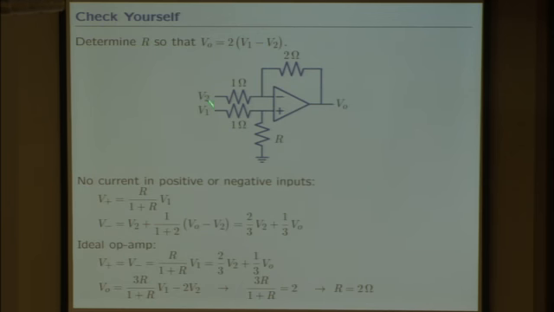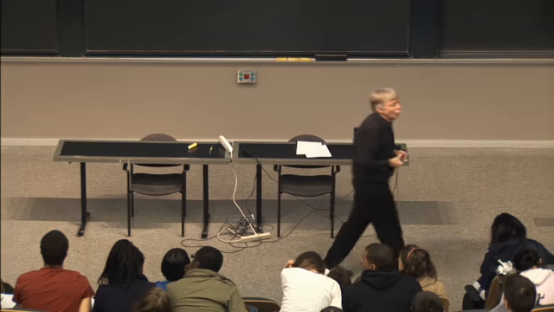Well, it's V2 plus a voltage divider here, which is given by this. That's a little tricky. If you're not comfortable with that step, you could also solve for that voltage using the node method. The node method will give you the same answer. The answer is that the voltage at the V minus port is 2/3 of V2 and 1/3 of V0. That sort of looks right because the resistors are in a ratio of 2 to 1.